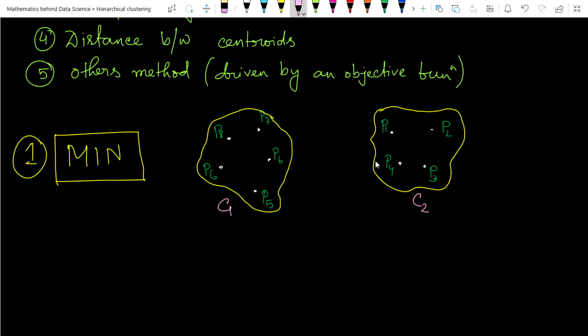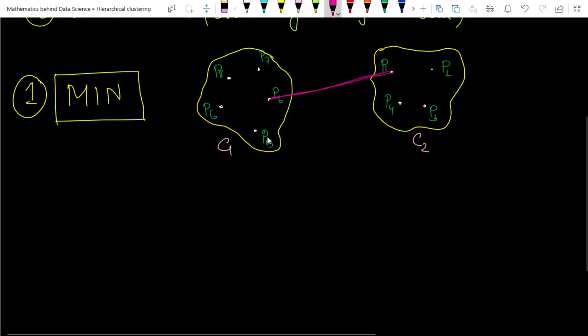What will be the minimum distance? Suppose among all the similarities, the minimum value is this one, between these two points. Among all the distances, this will be the minimum. Let's show the mathematical formula of this.